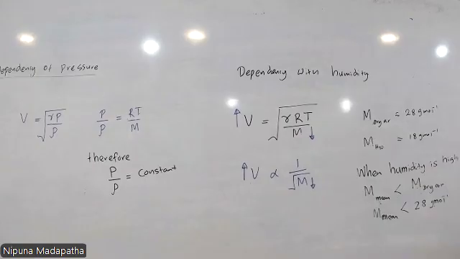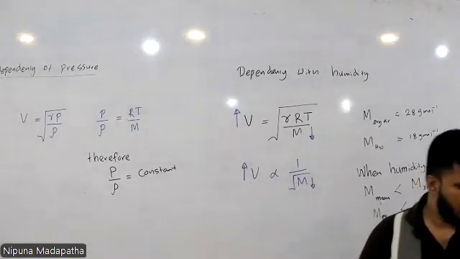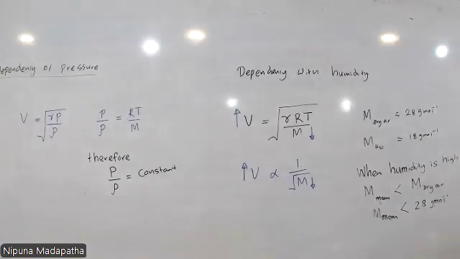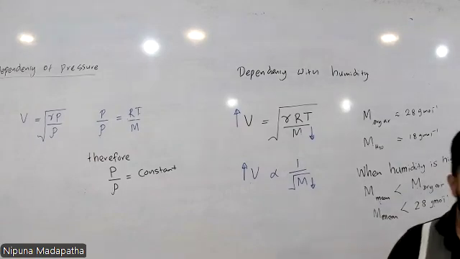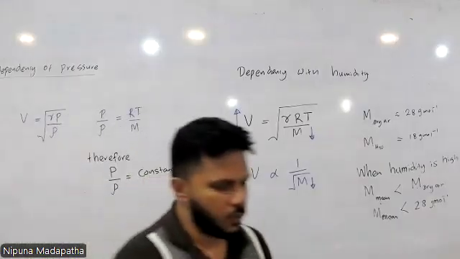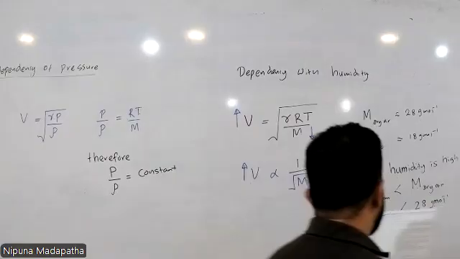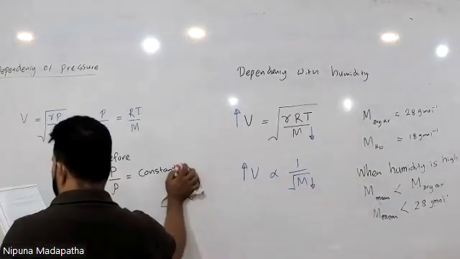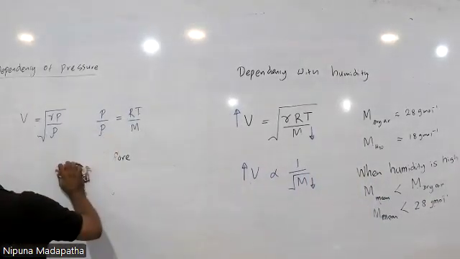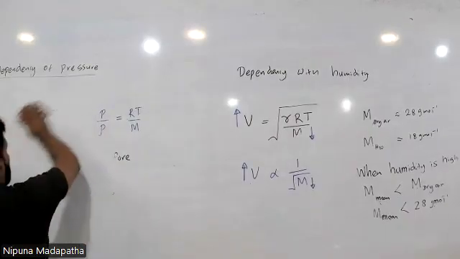Which one, part B or C? Part B. The speed of sound in air was found to be 320 meters per second at an atmospheric pressure of 72 mm of mercury and a temperature of 7 degrees. What is the speed of sound in air at atmospheric pressure of 76 mm of mercury and temperature 27?